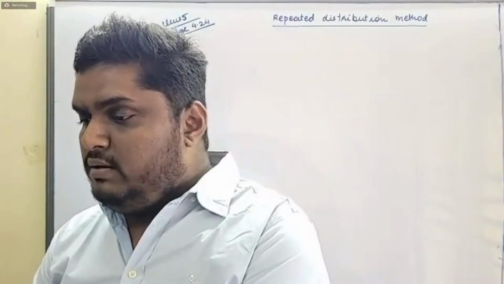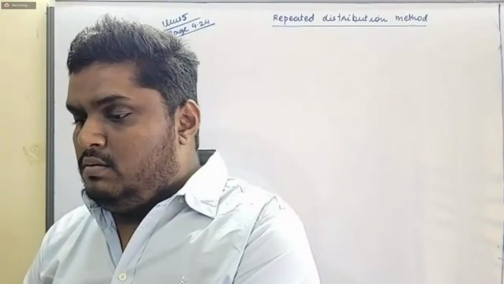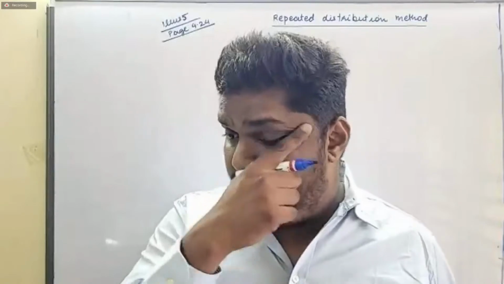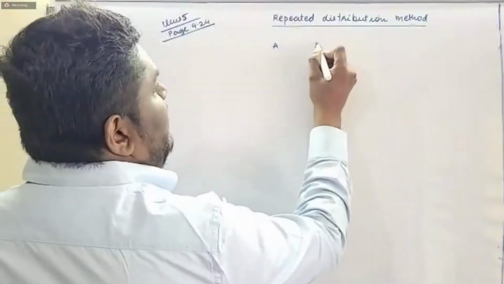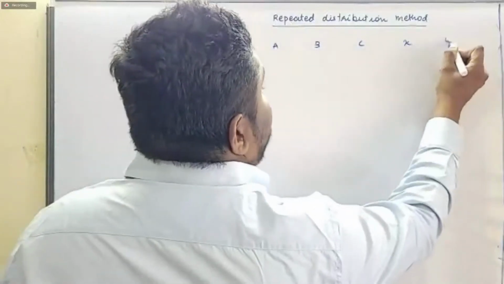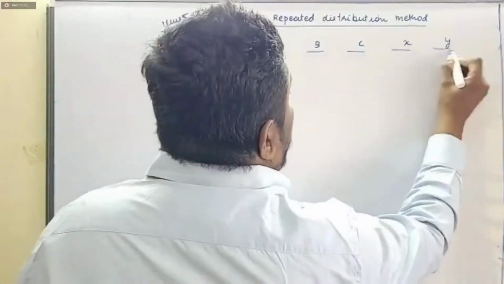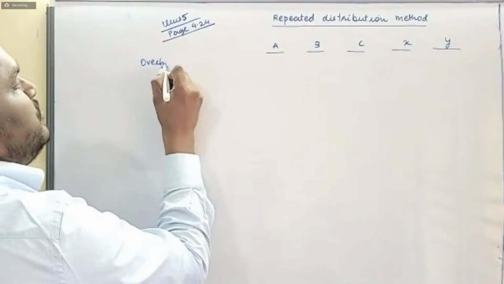So guys, now let's start with repetitive distribution method, wherein there are three production departments A, B, and C, and two service departments X and Y. We have got overheads as per primary distribution.